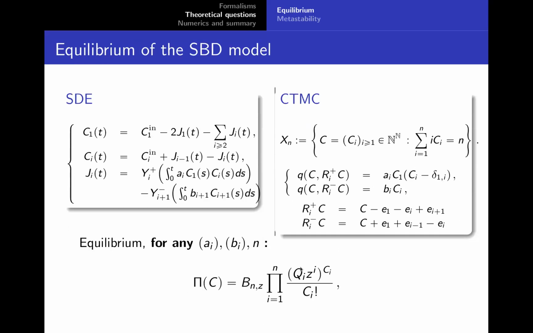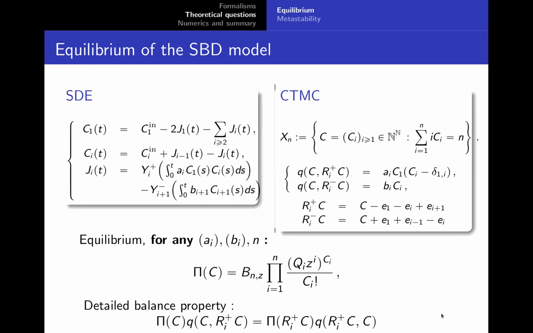As I said, we are actually in a case with a reversible detailed balance system. So once again, we are back to the chemical reaction network world, complex balance or even detailed balance. We have an equilibrium, which is a product of Poisson laws, and it satisfies the detailed balance property of a continuous time Markov chain. So the interesting part is not there. We know it will converge.